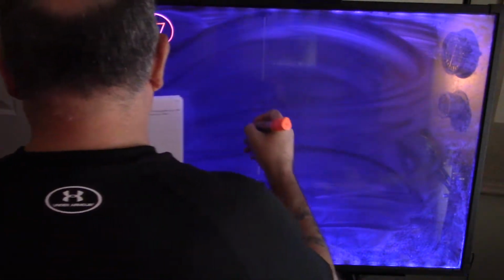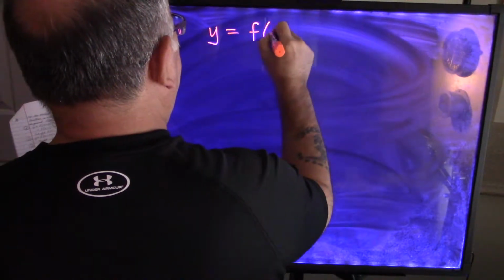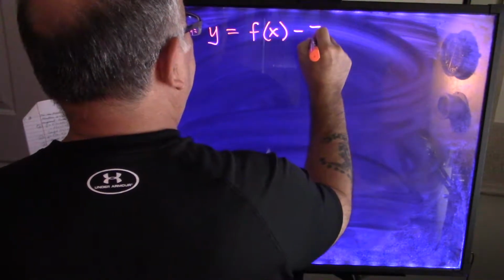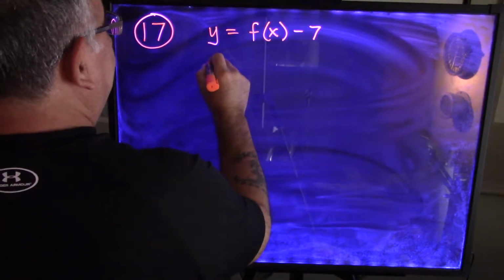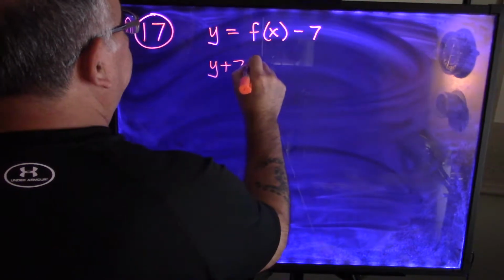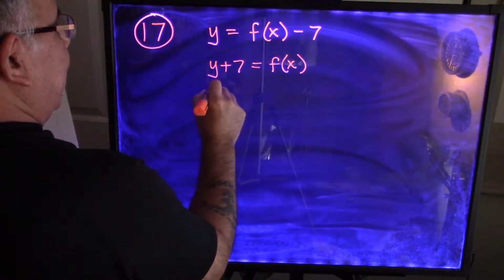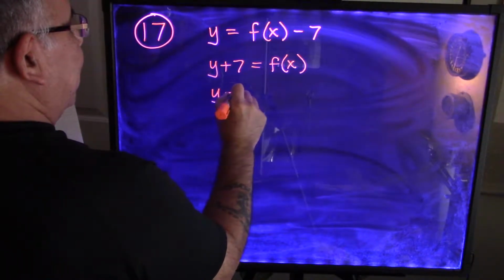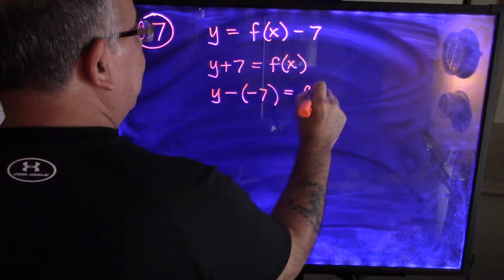Okay, number 17. Y equals f of x minus 7, and that minus 7 is not in the input. So you can think of adding 7 to both sides. Change that to minus a negative 7, which is equivalent to plus 7.